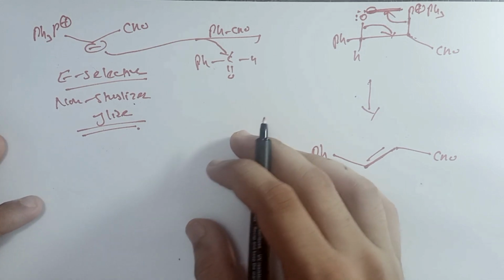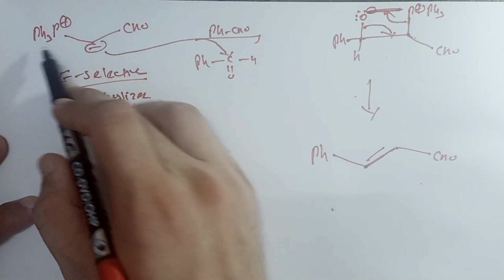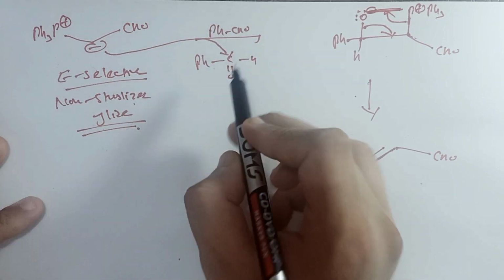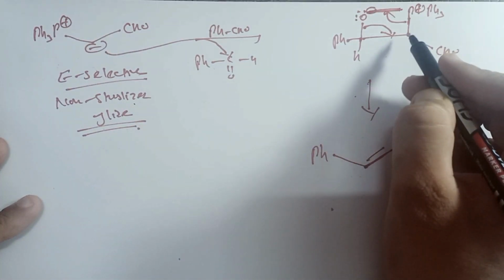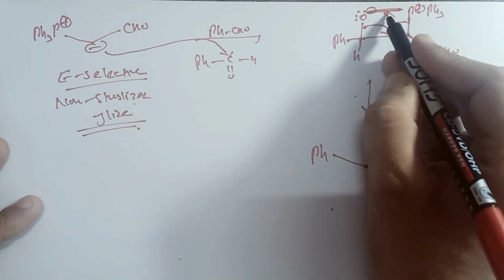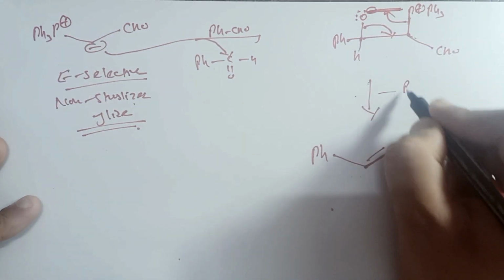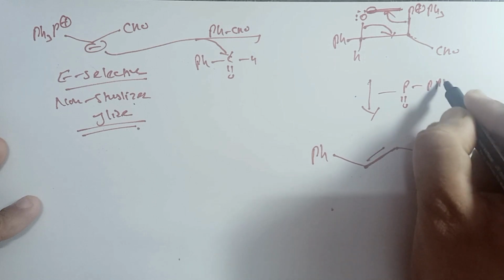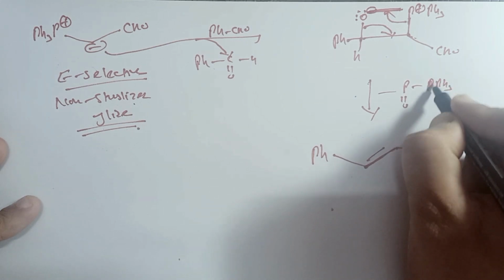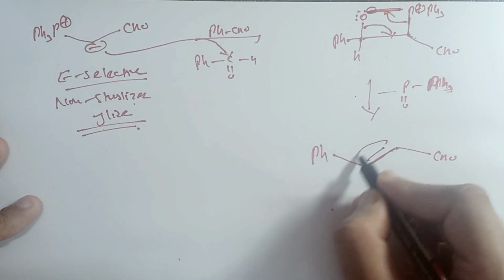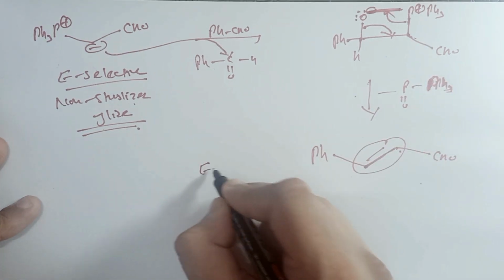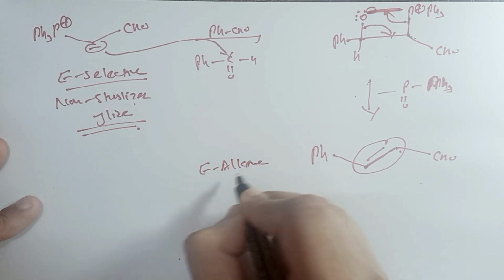Here we have a non-stabilized ylide like this, P positive PPh3, with a CHO group here. When it is reacted with benzaldehyde, it will produce this type of intermediate. Now suppose this bond migrates over here, it will produce a phosphine oxide, that is Ph3P=O. And here we have a double bond, so this is known as an E-alkene.